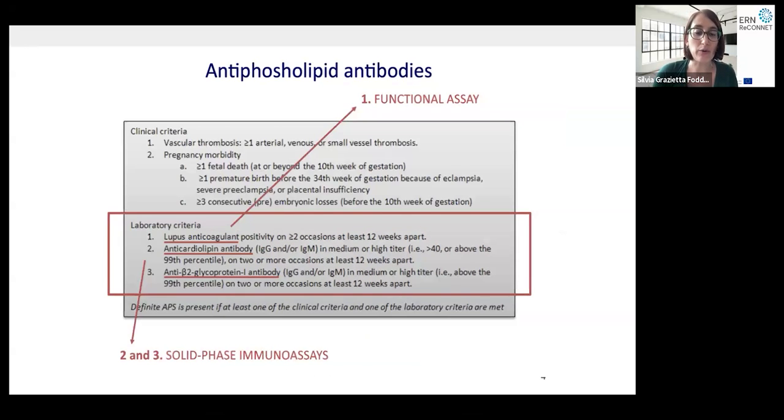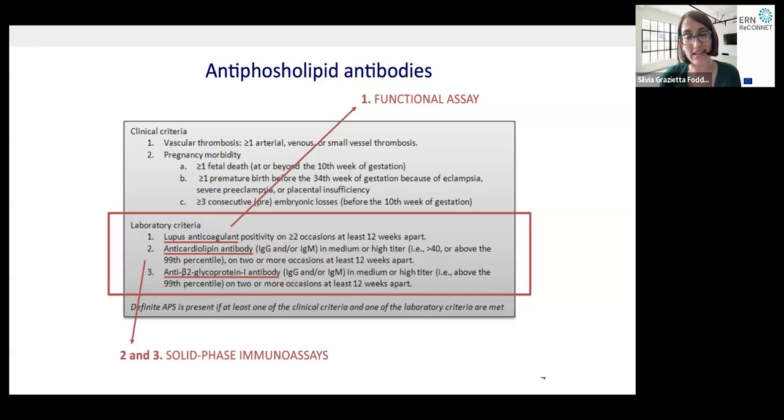what I want to point out is that these three types of antibodies are tested in two completely different ways. Lupus anticoagulant is tested through a functional assay. What is a functional assay? A functional assay is a laboratory test that measures the function, so the activity, of a biological component.